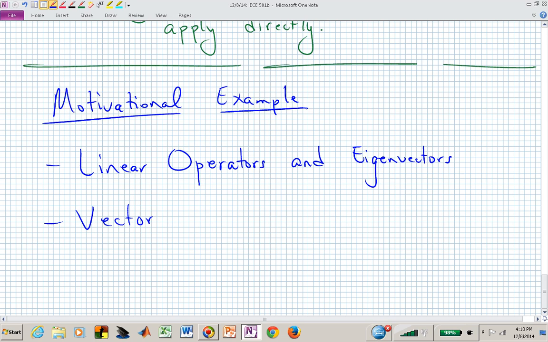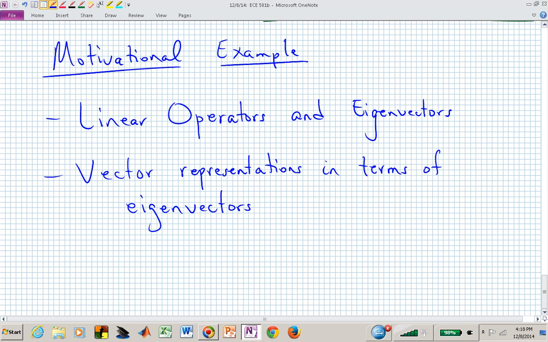And these vector representations. Again, these vectors belong to sets. These sets had vectors in them. These vector representations in terms of eigenvectors, so that we could actually represent any vector in our space.